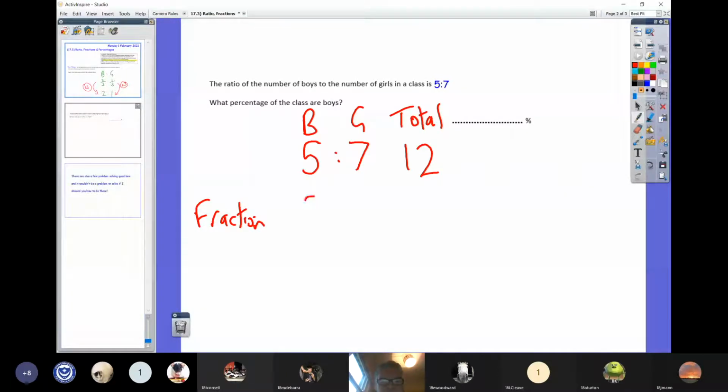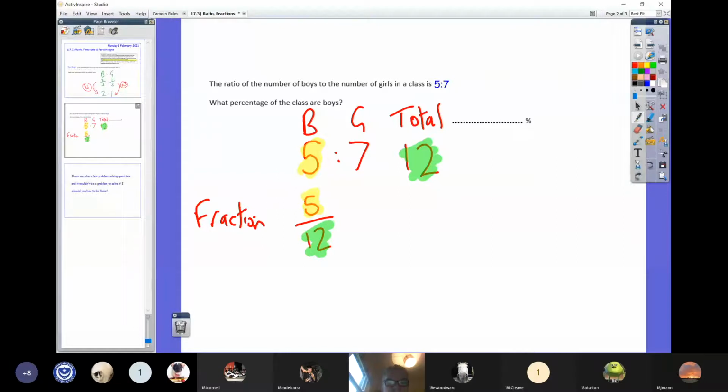That would be 5 out of 12. There's the 5, and obviously 12 is just the total. So had the question asked you what fraction are boys, and it could do, that would be the answer.